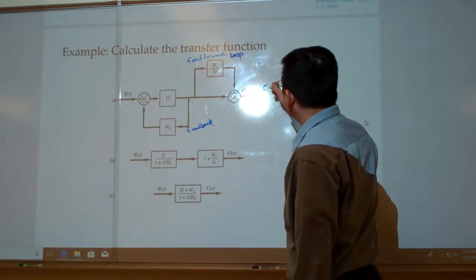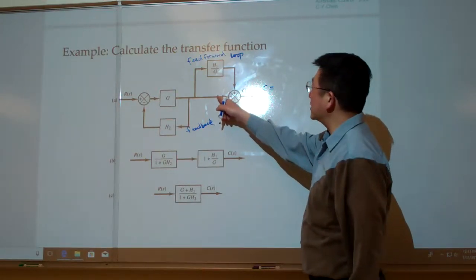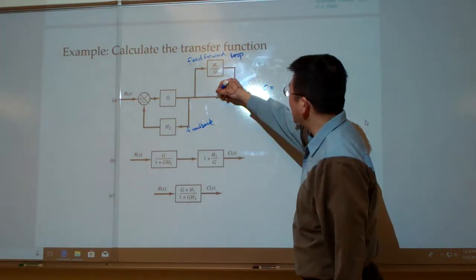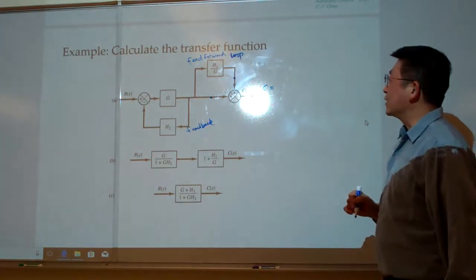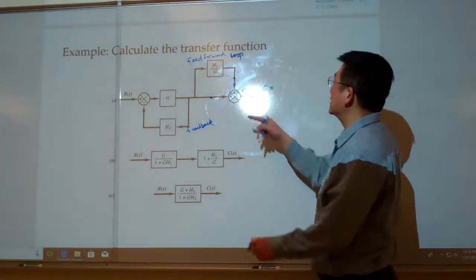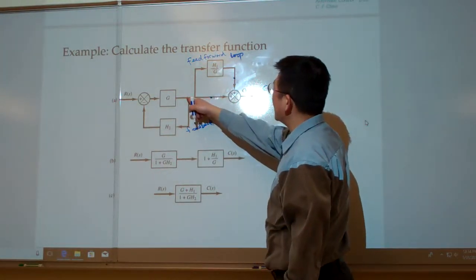From here, C equals the summation of the 2 signals, one is here, one is here. Let me start from here first. Basically, this one equals this gain multiplied with whatever is here.